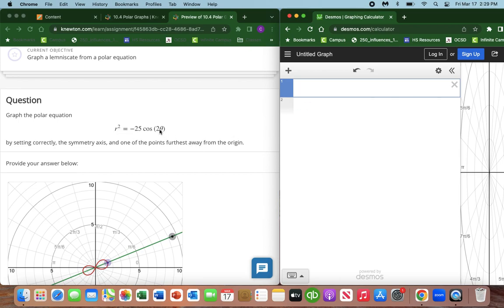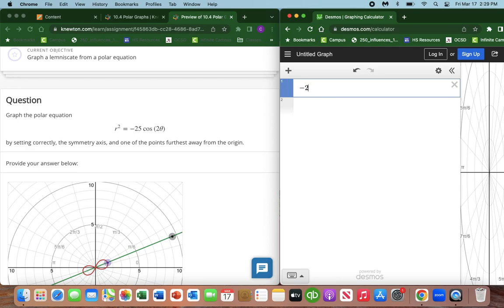Now, I do have a 2 out front, and it gives you these 2 petals right here, but it's not the same as the rose graph because of this r squared piece. I guess the r squared piece would give you half the petals. So this would usually give you 4. It's giving you half the petals.